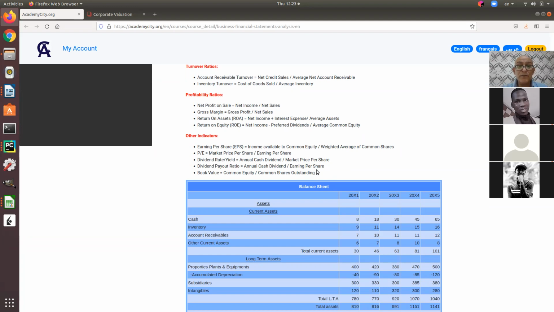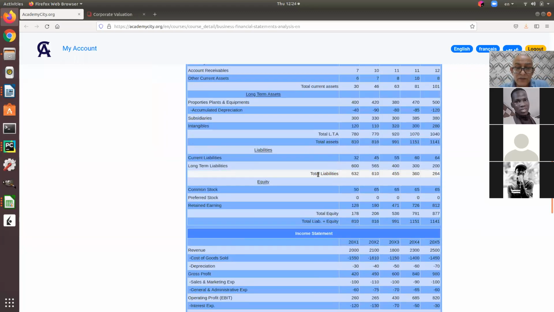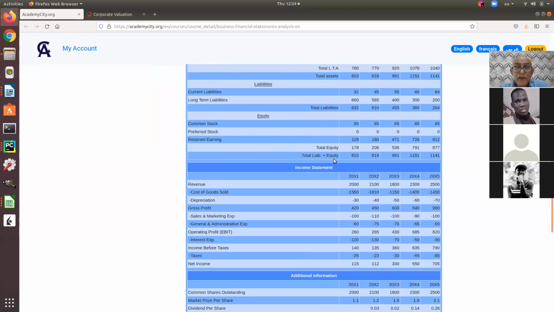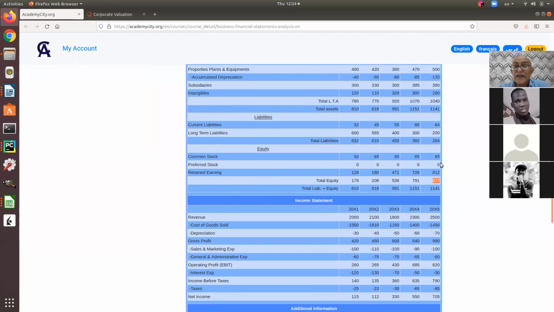Based on the balance sheets, if I look at the total equity here, it is 178, or 877 in the last year in this example, divided by the number of shares. That tells me, based on the accounting, what is the value of that share. That's what we call the book value.